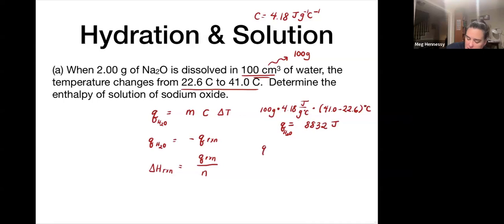And so the heat that was given off by the reaction is the opposite, the negative of that. And the difference between heat and enthalpy in our class is just the units. Delta H is going to be the heat divided by the number of moles.